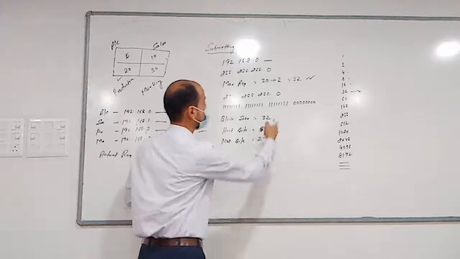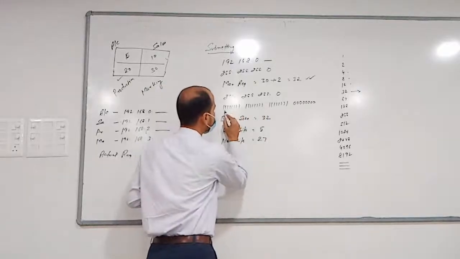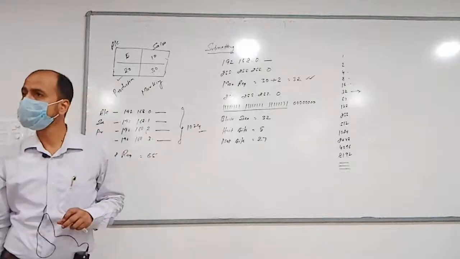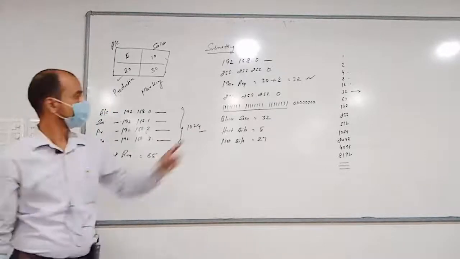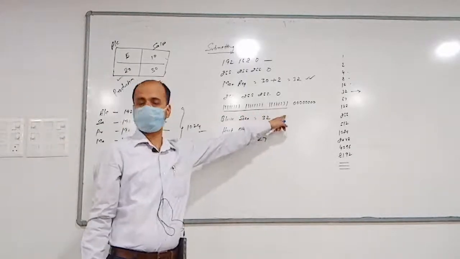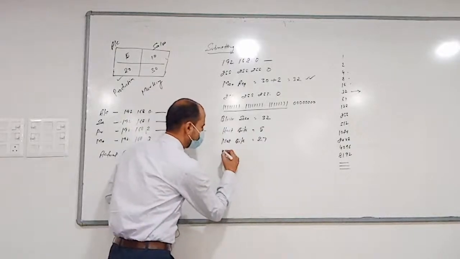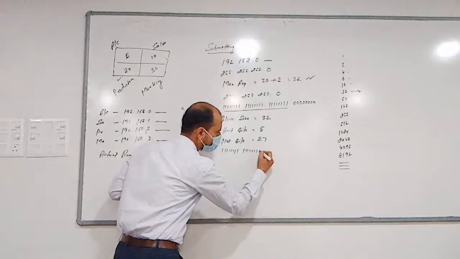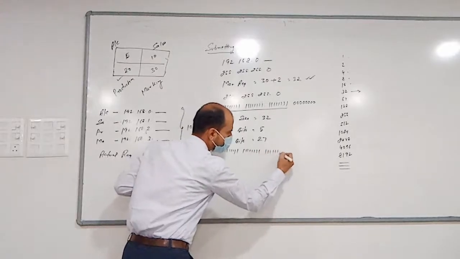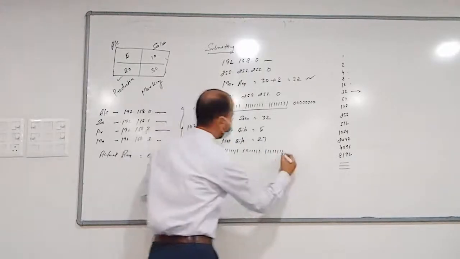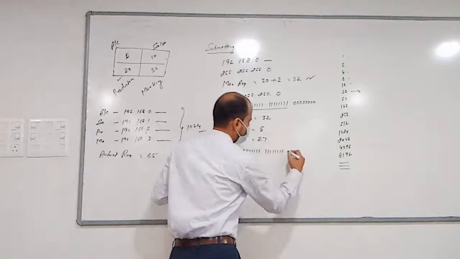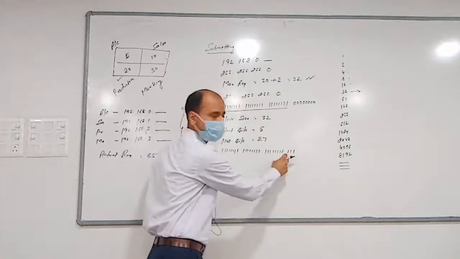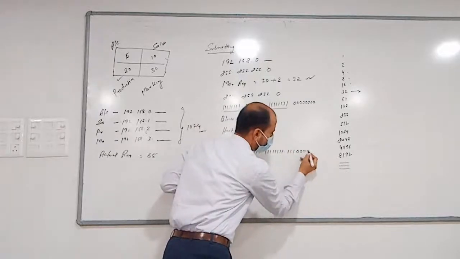Now, how many network bits are there? 8 times 3 is 24. Next, the values will be 1 to 8, 1 to 8, 1 to 8, and then 1, 2, 3 more, so now it is 27.